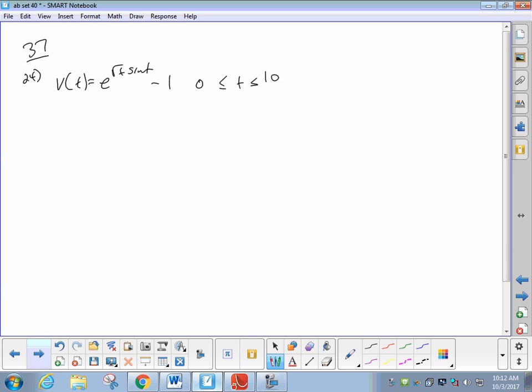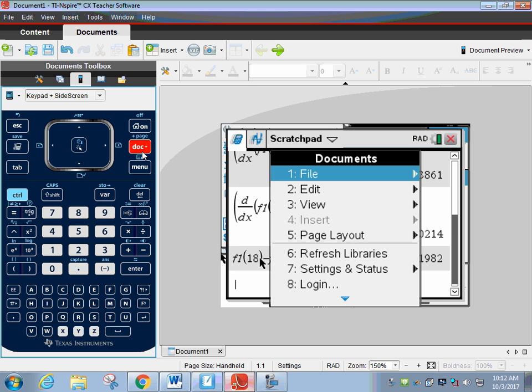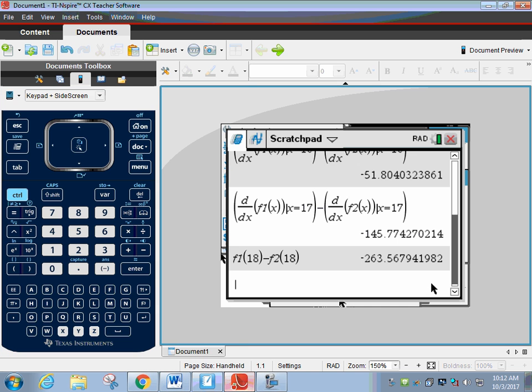Whatever. At rest. To find at rest, you want to find where the velocity is 0, yes? Now you could plug this into your calculator, although it's not bad to solve actually, but we'll plug it into our calculator. Oh, shoot.